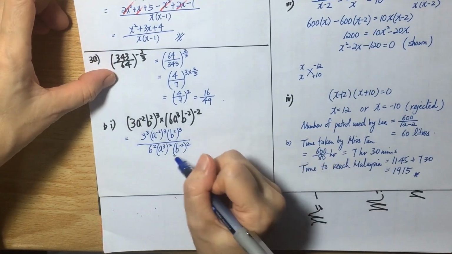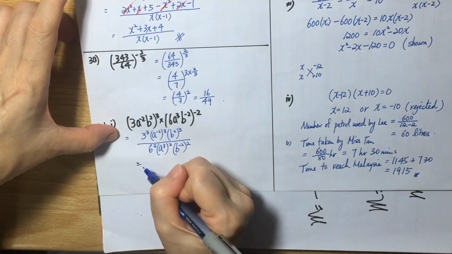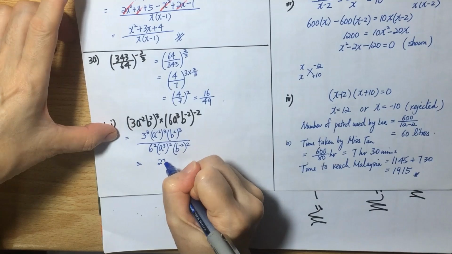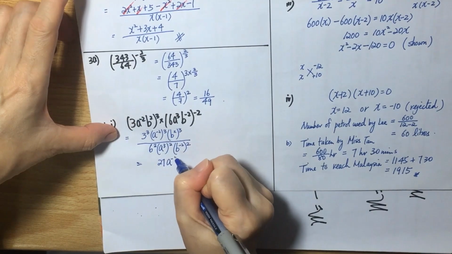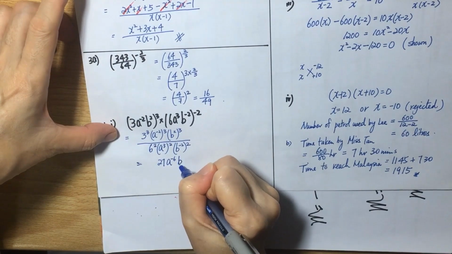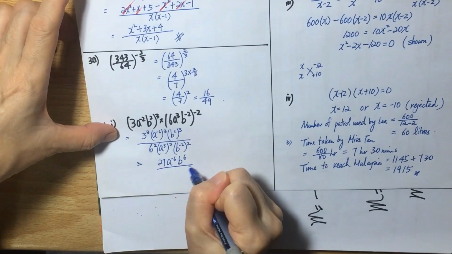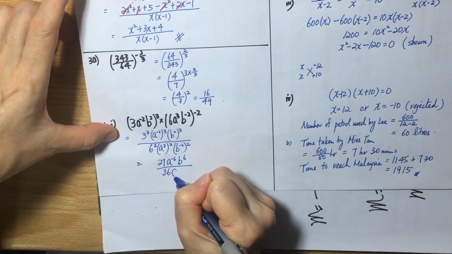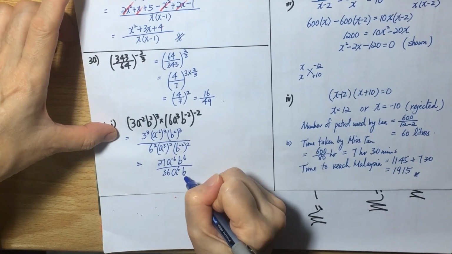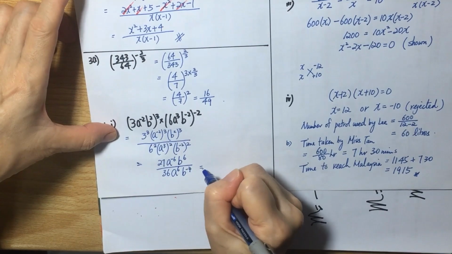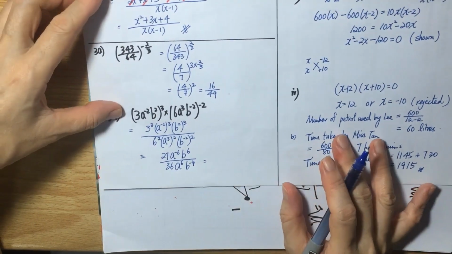Okay, so I will get 27, a to the power negative 6, b to the power 6, and I have 36, a to the power 6, b to the power negative 4. So now I'm going to simplify.